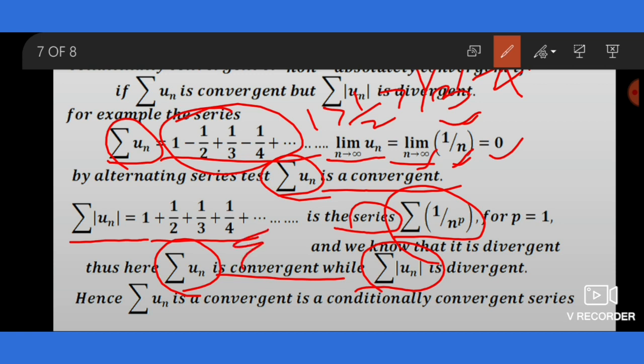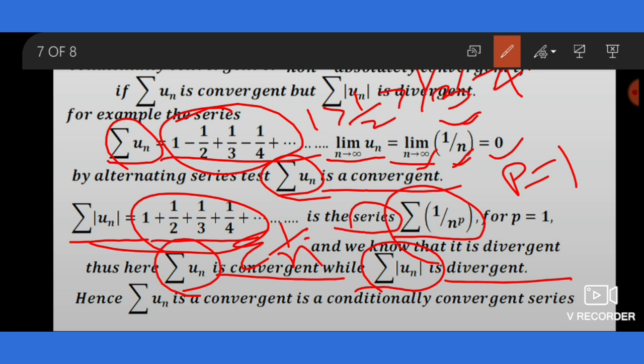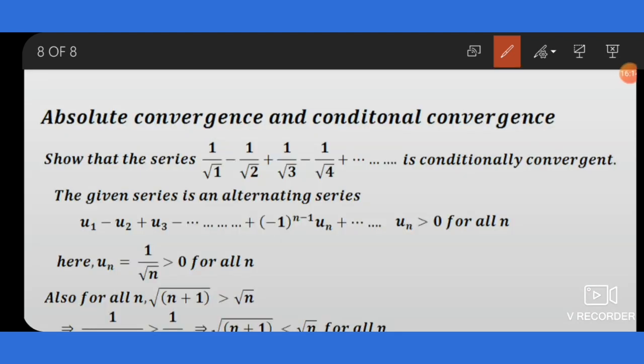Considering p equal to 1, the given series is divergent. So summation un is convergent and is a conditionally convergent series. So the given series 1 upon root 1 minus 1 upon root 2 plus 1 upon root 3 minus so on is conditionally convergent.